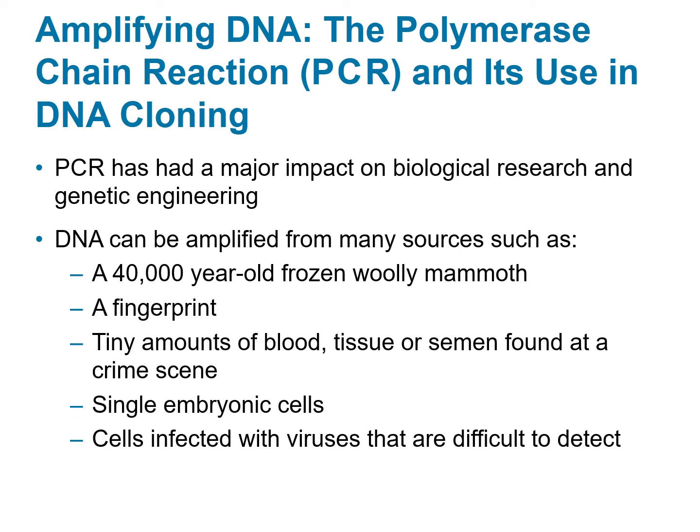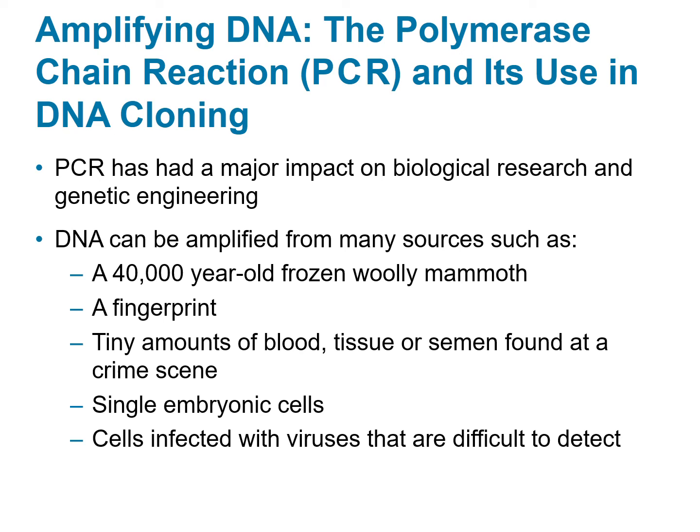To amplify DNA from a woolly mammoth that was found, which is 40,000 years old, to obtain a DNA fingerprint from small amounts of tissue that might have been left at a crime scene so that we can identify the individual that the tissue came from. We could amplify DNA from single cells, including single embryonic cells.